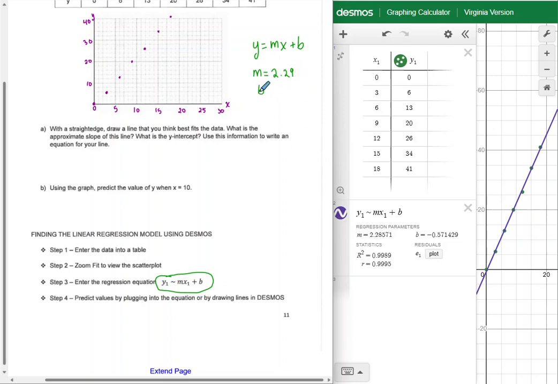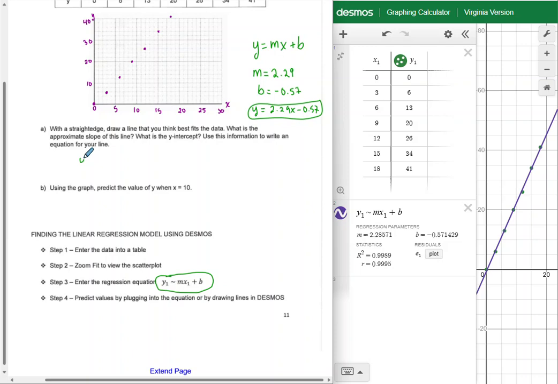And then my y-intercept, b, is at negative 0.57. And so to put it all back together, my equation is y equals 2.29x minus 0.57. This is the line of best fit right here.